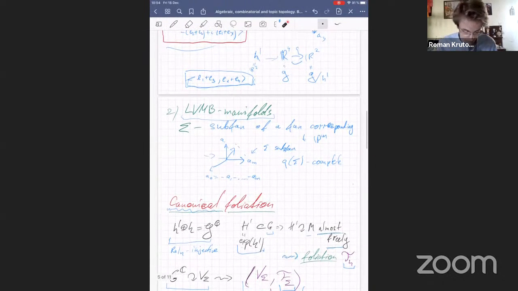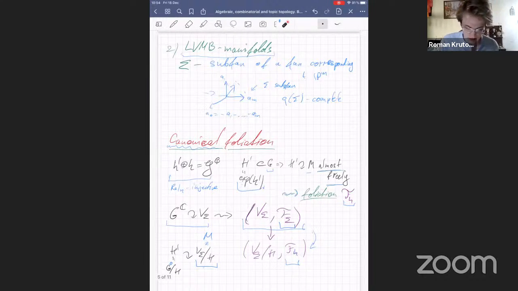Okay, so any element of this category admits a so-called canonical foliation. Let me introduce you to these foliations. So we have that our whole linear subspace GC is generated by the sum of H and H prime.